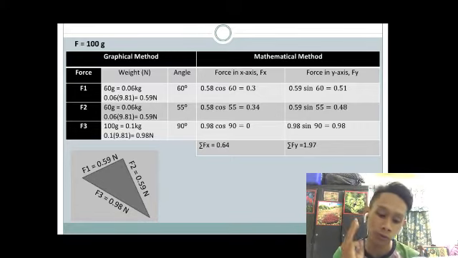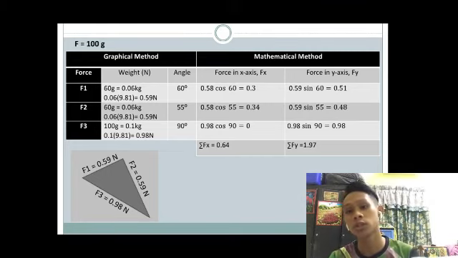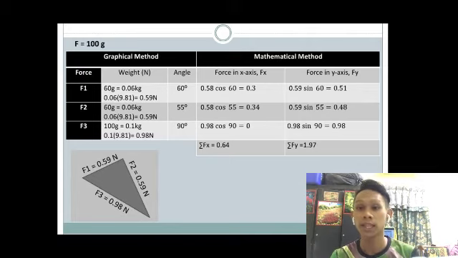For force 3, we use 0.98 Newton, and the angle is 90. The result for the x axis is 0 Newton, and for the y axis we got 0.98 Newton.